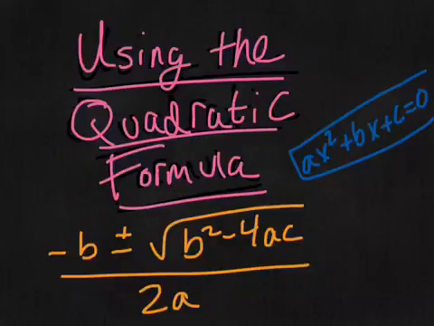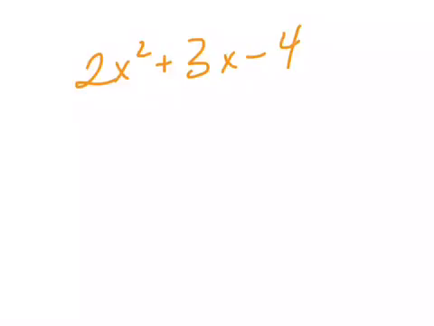So in this video we're just going to look at a few different examples. We're going to look at one example where we get real solutions, one example where we get imaginary solutions, and how we're going to simplify with that. And then also one example with fractions and how we can handle that and actually make it easier than it may seem at first. So in the first example, we're going to look at 2x squared plus 3x minus 4.